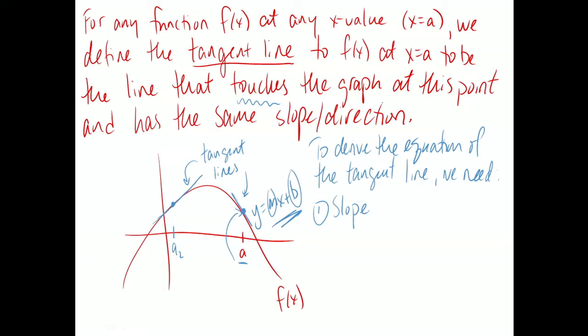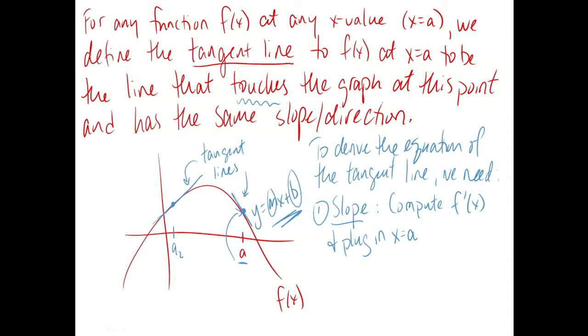But I think we know what the slope is, because if you remember, this is the whole point of talking about derivatives. Where am I going to come up with the slope of the line? Well, if I compute the derivative, which we know how to do at least in a limited way, and plug in whatever x value you care about, which we'll stick with a since that's what we're using on this slide, if you plug in x equals a, that gives you the slope of the graph of the red at x equals a.